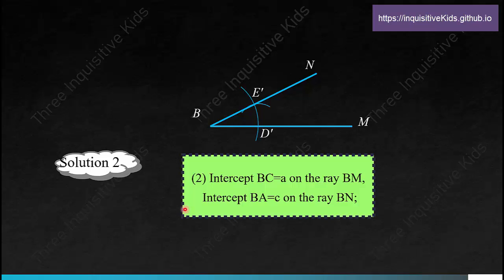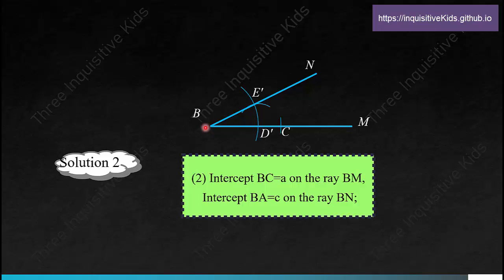So how we do that is we measure the lengths of the line segments A and C. Then we just create that. So BC, we want a BC up here. So then we measure A, and then this is point B, right?